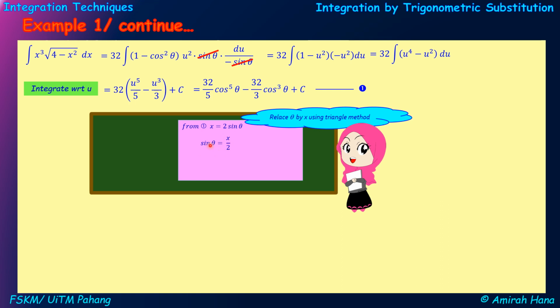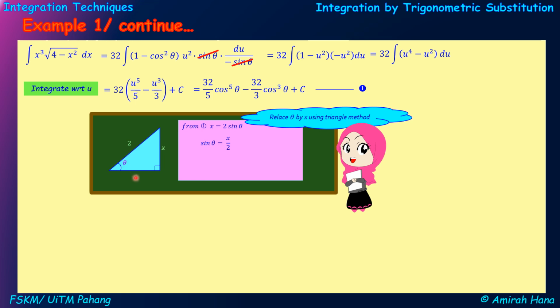From sine theta, x is the opposite and 2 is the hypotenuse. So we can draw a right angle triangle with angle theta, where the opposite equals x and the hypotenuse equals 2.